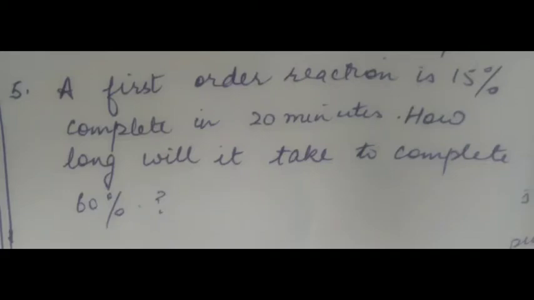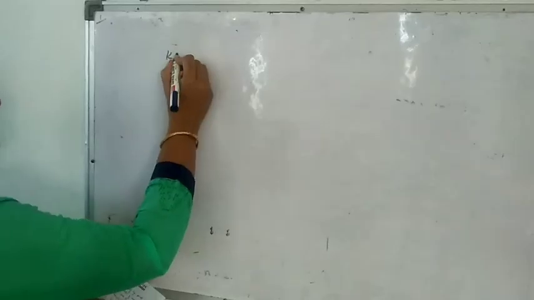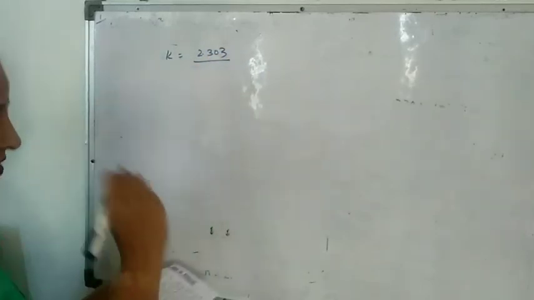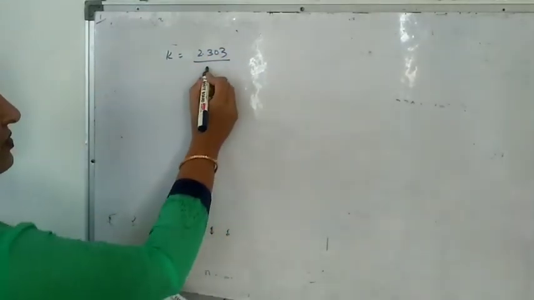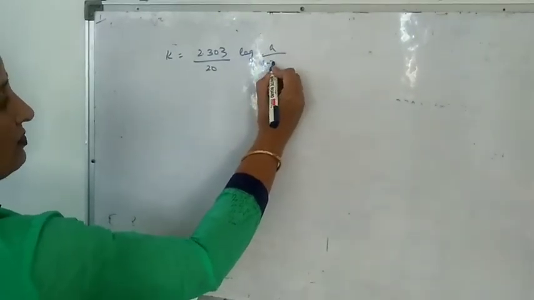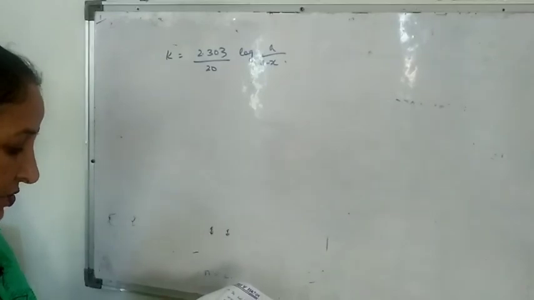A first order reaction is 15% complete in 20 minutes. How long will it take to complete 60%? K is equal to 2.303 upon t. T in this case is 20 minutes. Log of a upon a minus x.